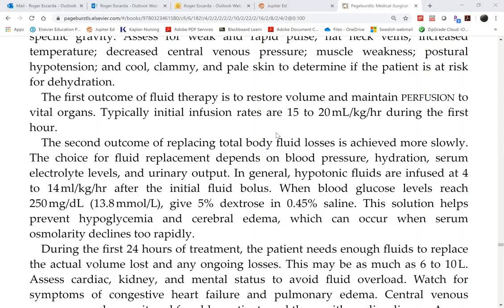All right. So the only fluid here are crystalloids. It may be LR or normal saline, but since this is a non-traumatic dehydration, the preferred crystalloid is normal saline. So let's say I weigh 70 kilograms. How many mLs per hour will you run this normal saline?